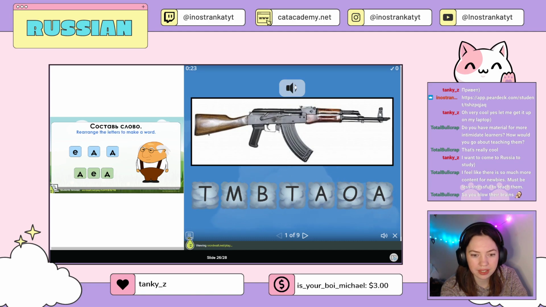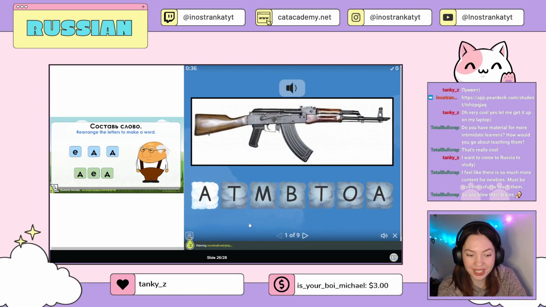Автомат. So I can hear that the first sound is a, so obviously it's supposed to be the letter A, because in Latin language it's also the same.